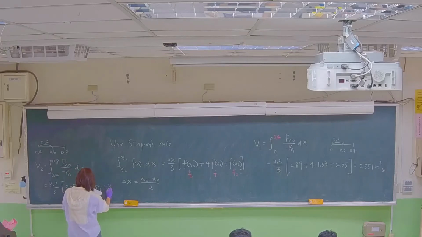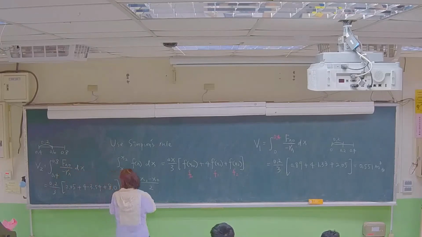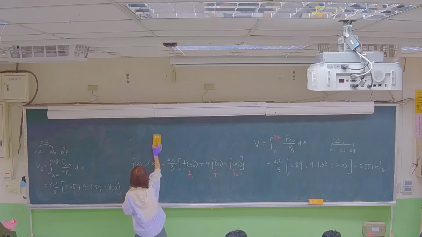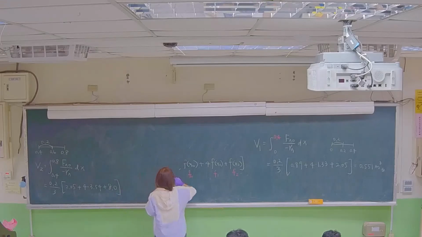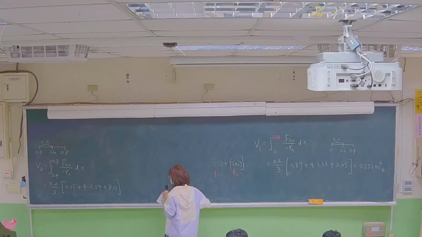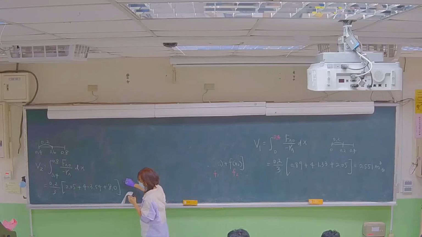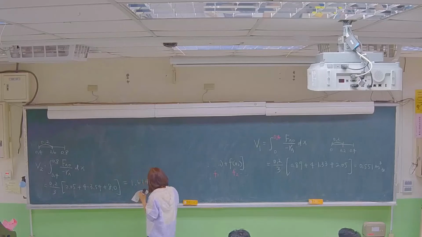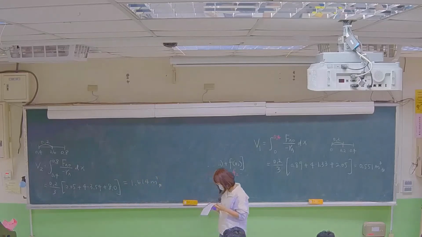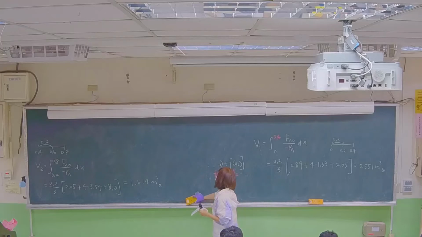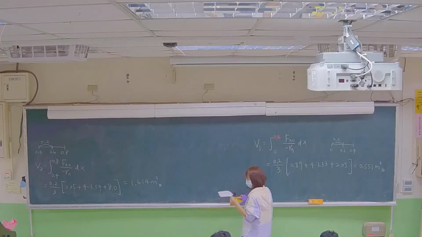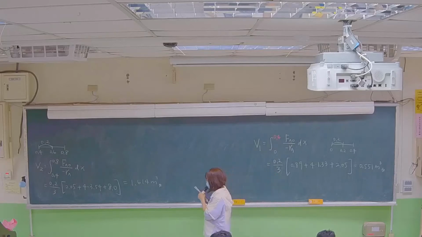F of x is equal to 8. Okay, so that's V1 and V2.